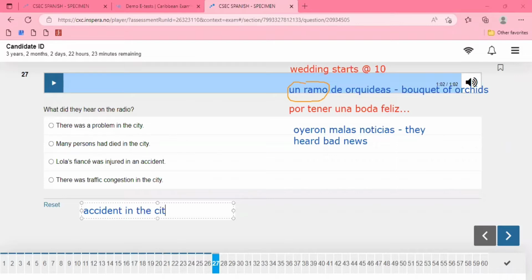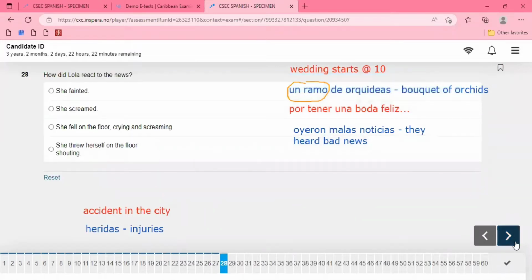So the keywords, one, we have accidente. Yes, we also heard heridas. So they would have gotten injured, they would have sustained injuries. So he was a part of this group of people.